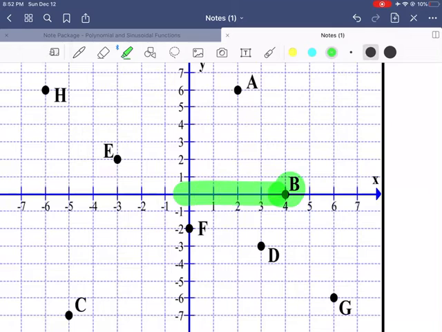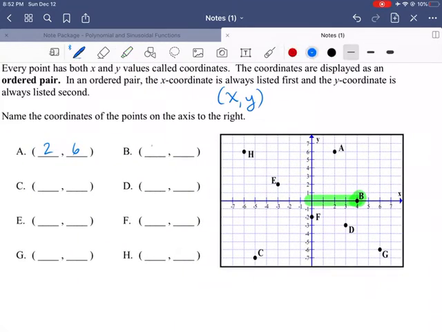So its y coordinate is 0, and its x coordinate is 4. Let's find C. So there's C. First, let's look at the x coordinate. So it's right at -5, and the y coordinate is -7. D, its x coordinate is 3, and its y coordinate is -3.